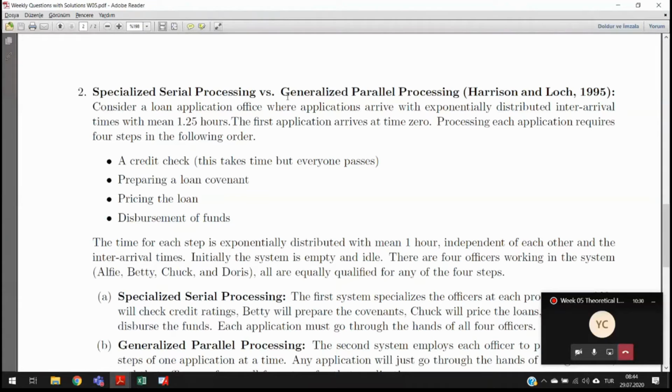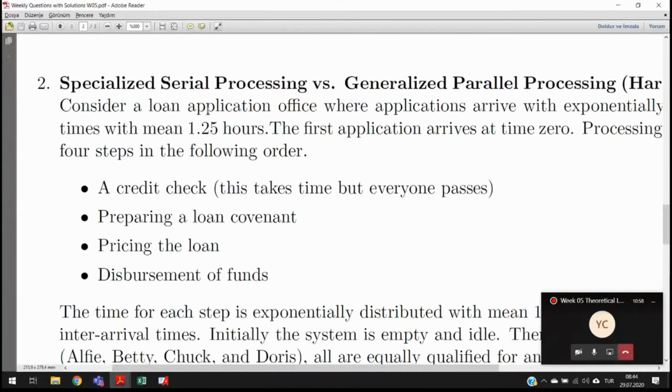to get a service. Now imagine this loan officer and the customers, the clients, are arriving for loan application. Each arrival is going through four of these processes sequentially. So they are going to go through a credit check in the first place.